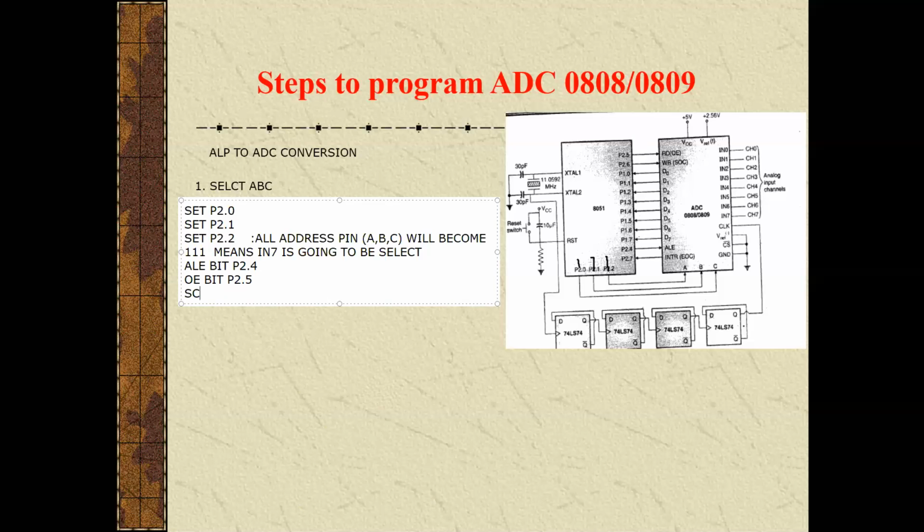Then start of conversion. We have to write start of conversion, setting a bit on port P2.6. So setting this pin P2.6, what will happen? A low to high signal appears on this pin, then the conversion process will begin.